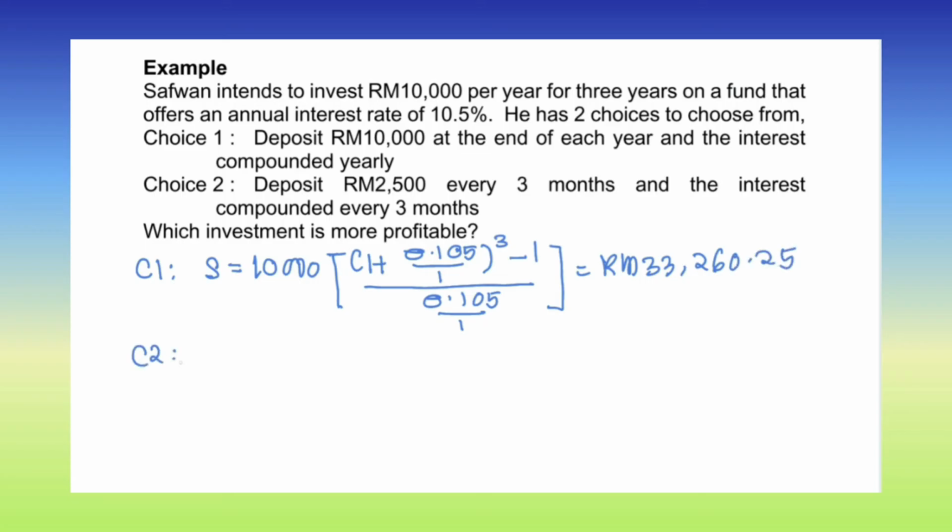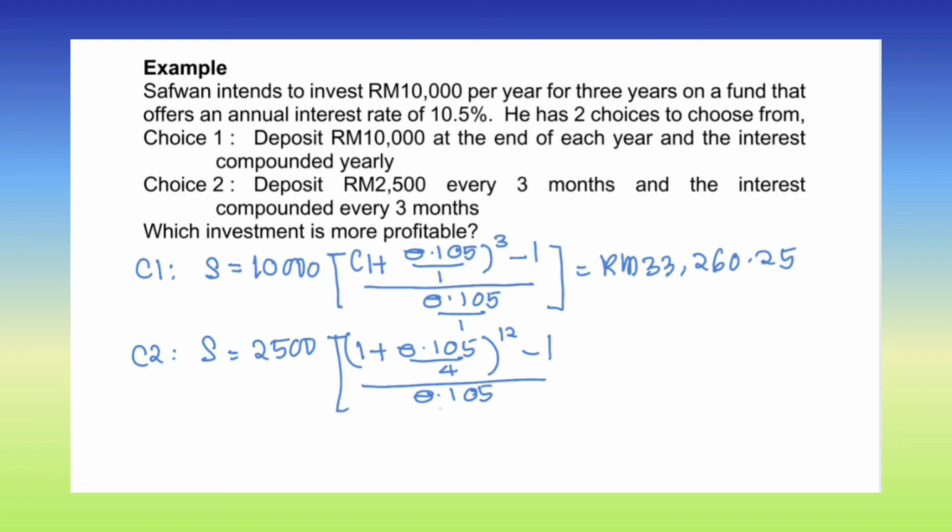Choice number 2, S is given by 2,500, 1 plus 0.105 over 4 to the power of 12 minus 1 over 0.105 over 4 equal to RM 34,733.59.